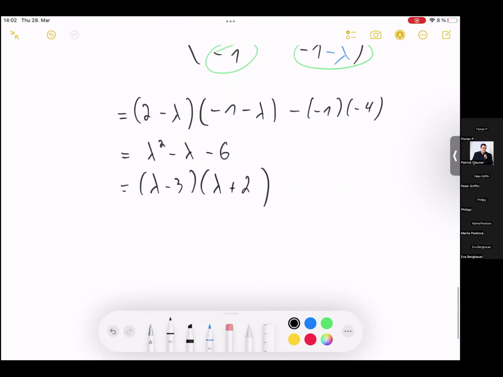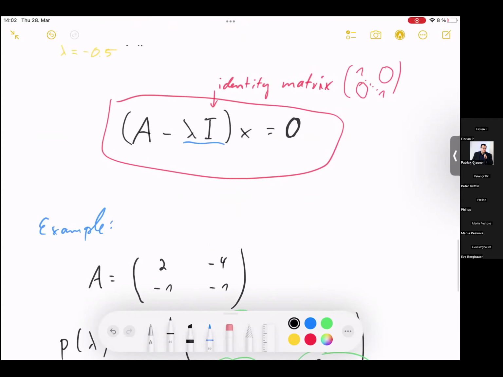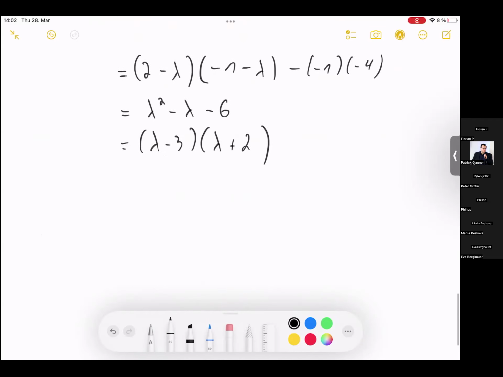So I know that in order to solve the characteristic polynomial, I have a 0, because that's what I put up there in the condition. So lambda 1 is 3 and lambda 2 is -2. So now I have found the 2 eigenvalues of this matrix. And the question is, how can I find the eigenvectors?